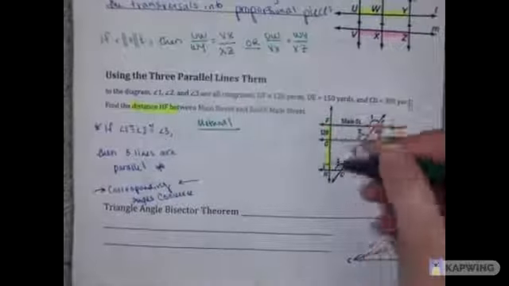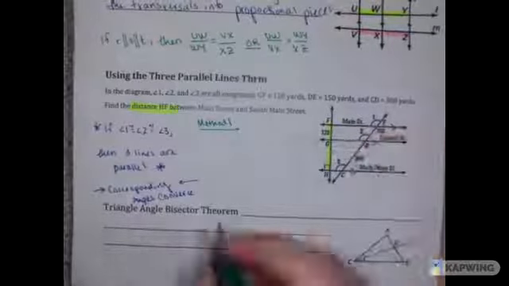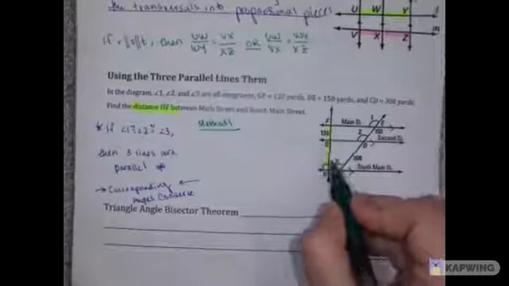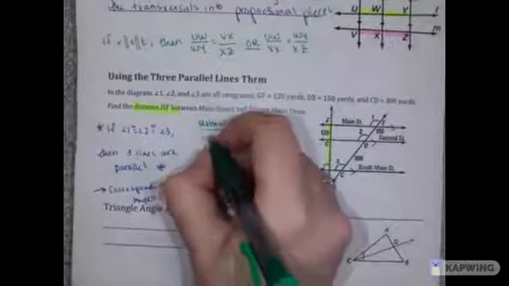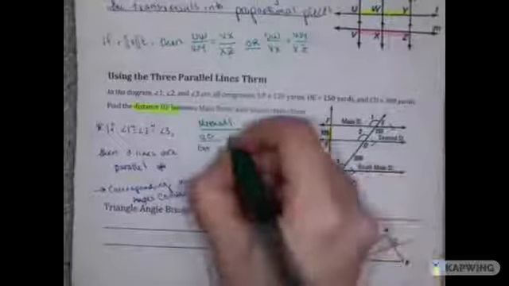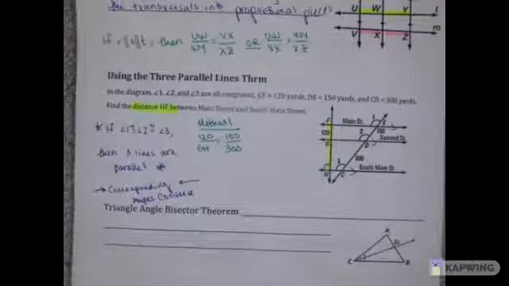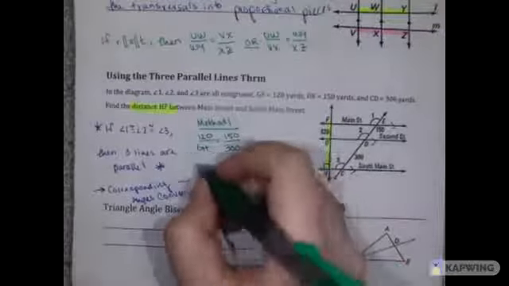One way would be to solve for GH first and then add those together. So you could do maybe 120 over GH would be equal to 150 over 300. You can reduce these. I don't tend to. I tend to just jump right in.